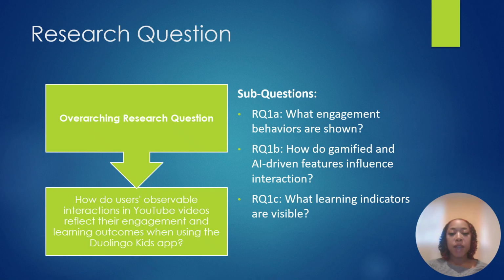What engagement behaviors emerge during app use? Research question 1B. How do gamified and AI-driven features influence persistence and interaction? Research question 1C. What indicators of learning outcomes are visible, such as vocabulary recognition, pronunciation practice, or task completion?